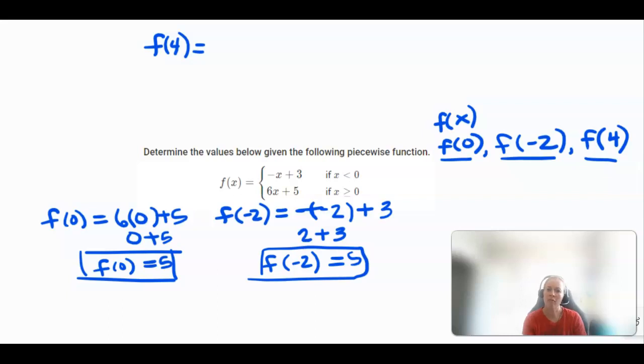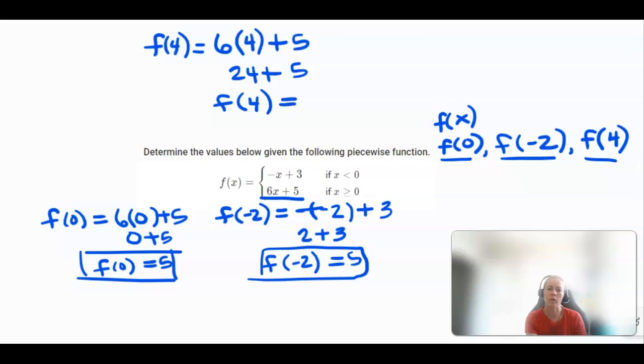Well, we can see that 4 is greater than or equal to 0, and so it will be this bottom one. So again, we'll use 6x plus 5, so 6 times x, which is 4, plus 5, so 6 times 4 is 24, plus 5, so we can see that f of 4 then will equal 29. And that's our final answer there.